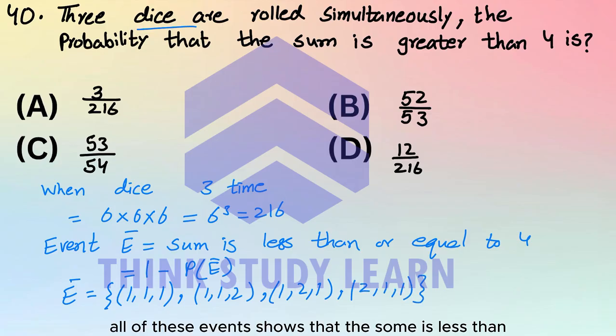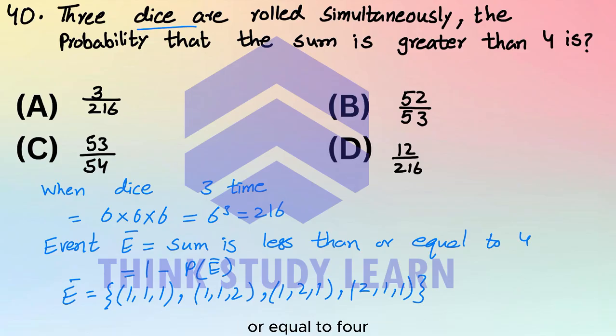So all of these events show that the sum is less than or equal to 4. So these are 4 events in total.